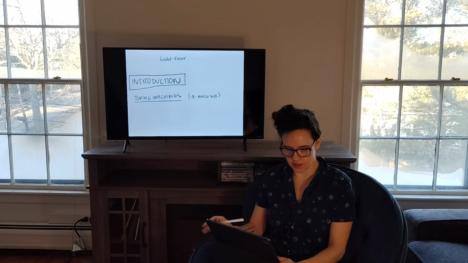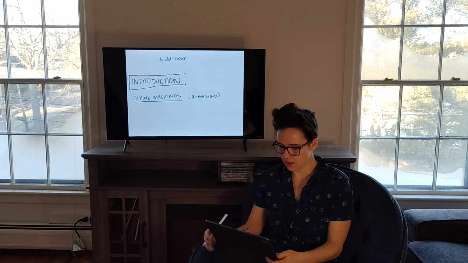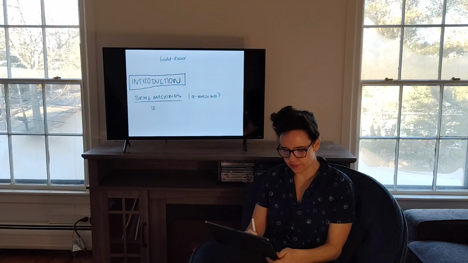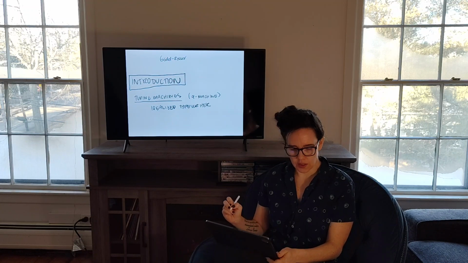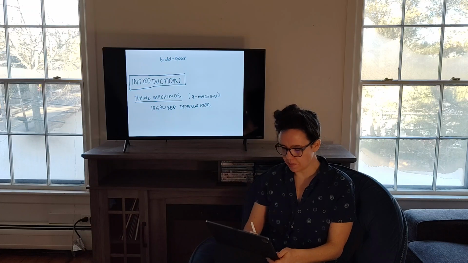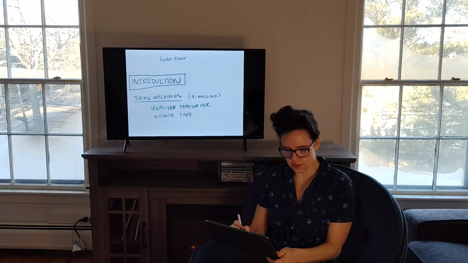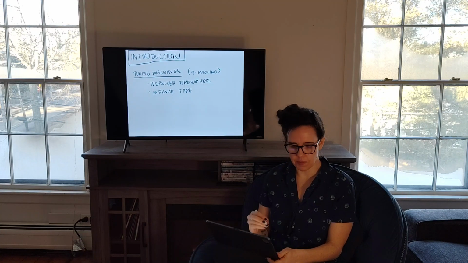This is an idealized typewriter. There's an infinite tape, and the head moves back and forth one cell at a time.